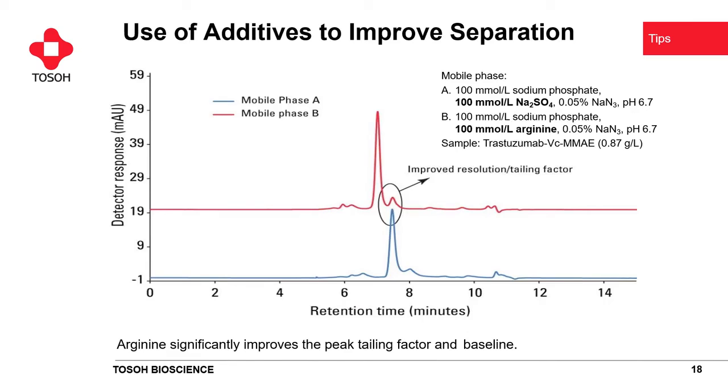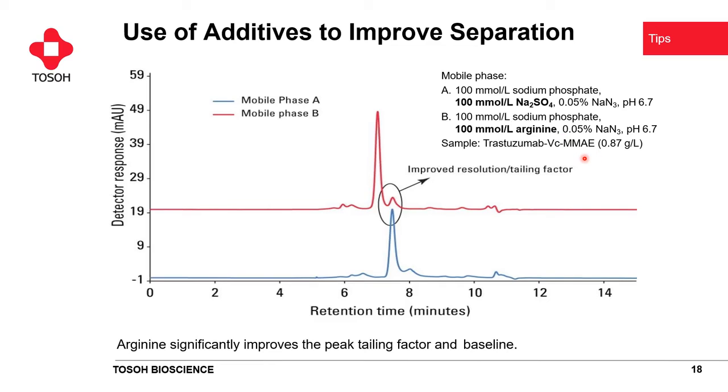Next, I would like to talk about how we can improve our separation by adding additives to our mobile phase. One problem you may come across when using size exclusion chromatography is undesired interaction of our analyte with the stationary phase. Each vendor tries to minimize the secondary interactions as much as possible, but it's hardly possible to get rid of them completely.